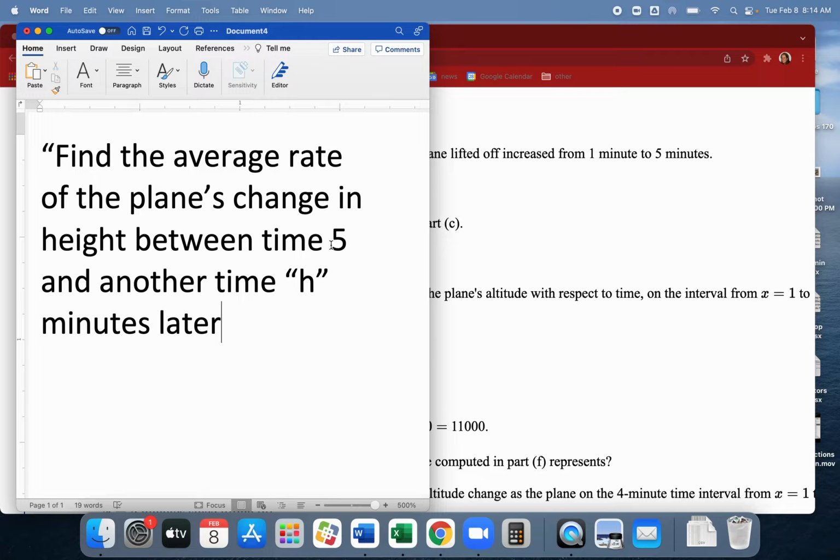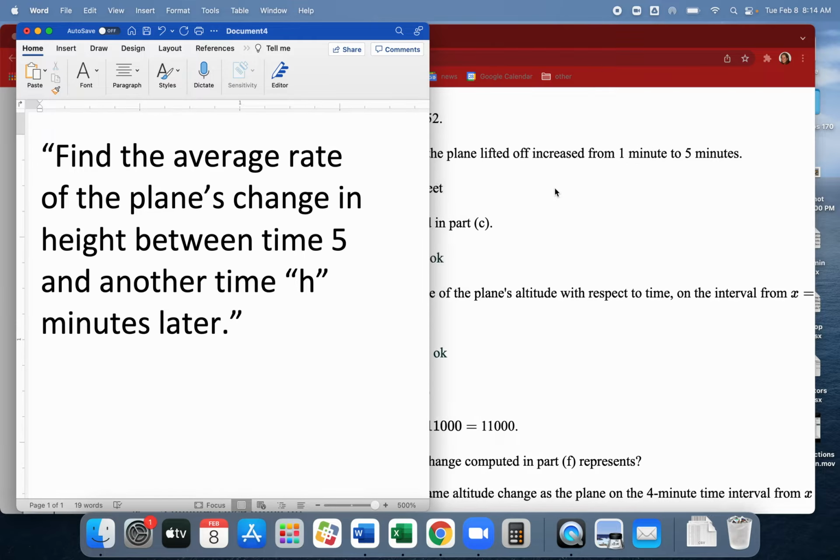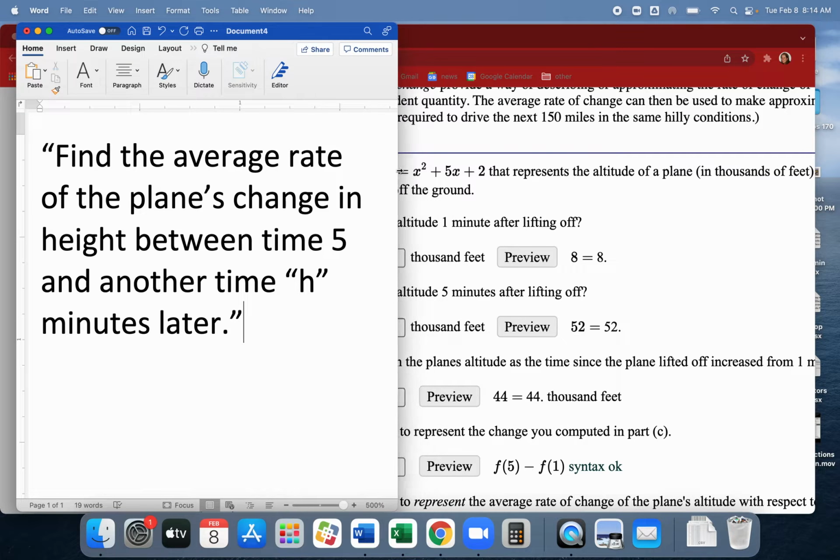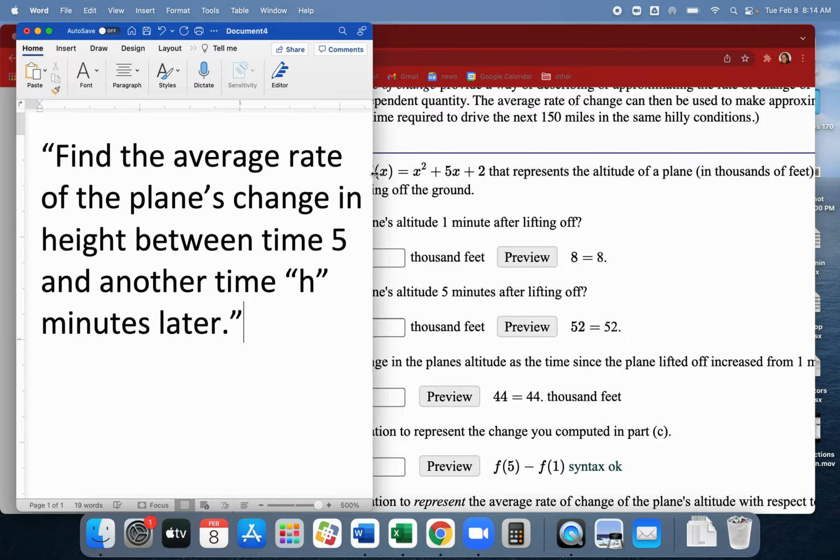So 5 minutes is the input to this function. If I wanted to find the average rate of the plane's change in height, where that height is given by f of x equals x squared plus 5x plus 2, instead of f of 5 minus f of 1 over 5 minus 1, well, this is between time 5, instead of between times 1 and 5, and something else that's h minutes later.